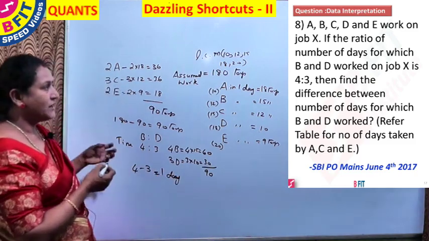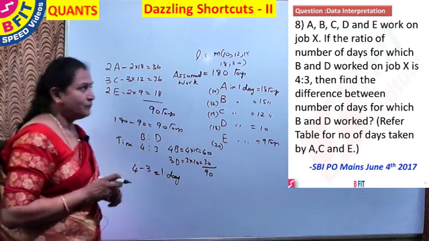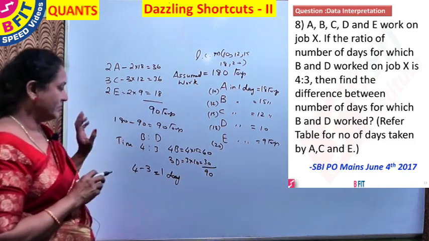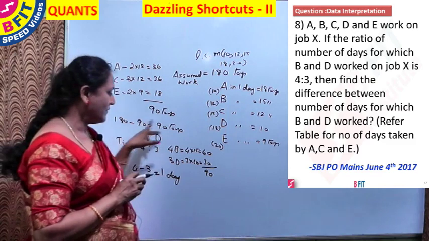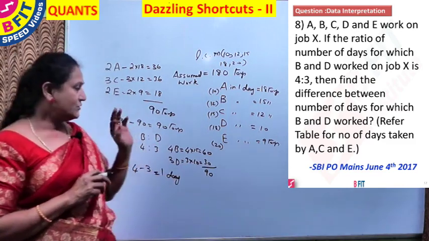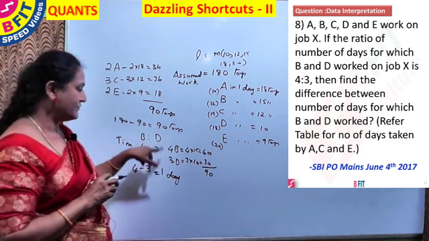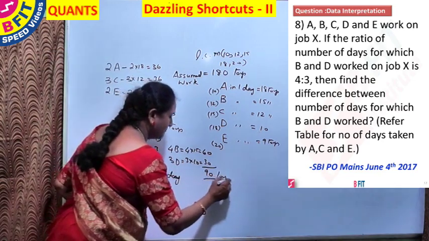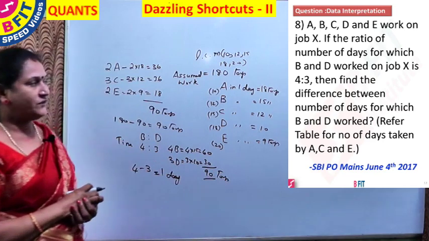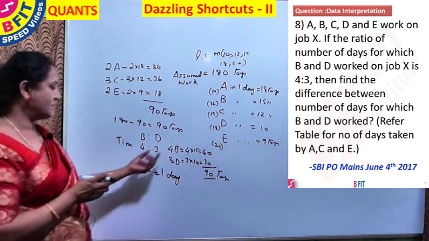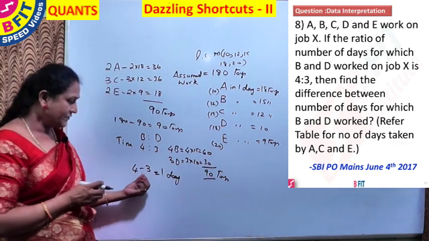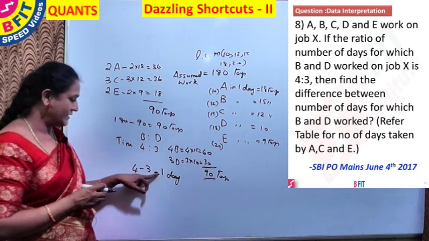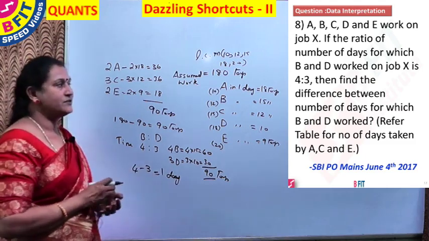So the remaining work is done by B and D in time ratio 4:3, which means in these 4 and 3 days of work of B and D, the remaining 90 toys has been fulfilled. The question is the difference between the number of days for B and D. B has worked for 4 days, D has worked for 3 days, so the difference in time taken is 1 day. So the answer is 1.